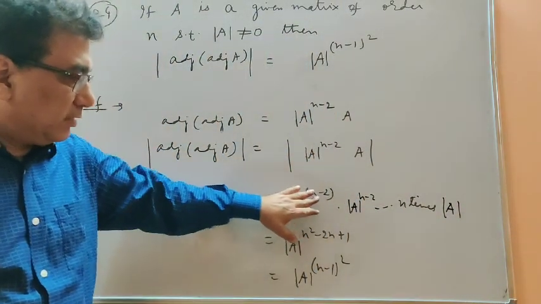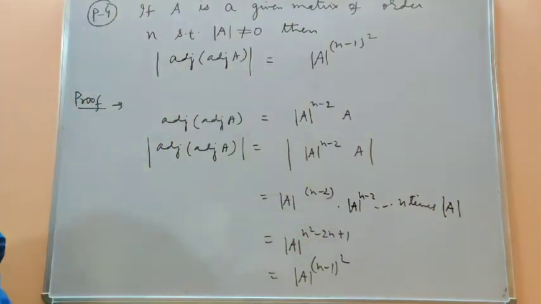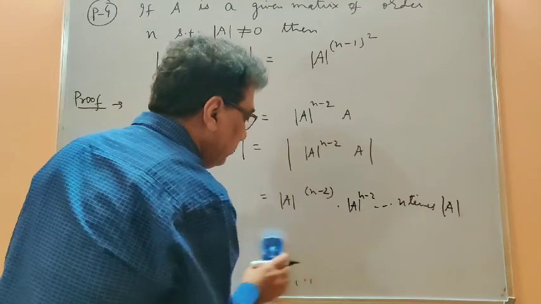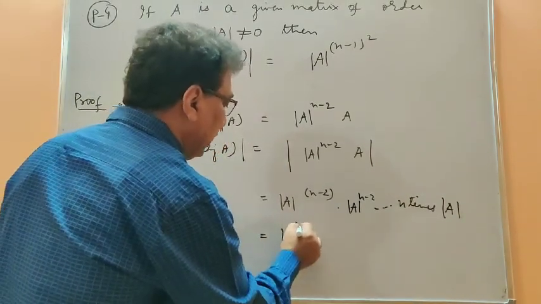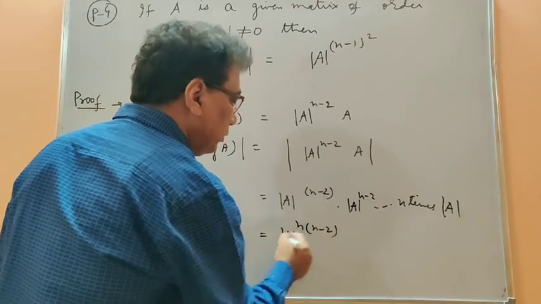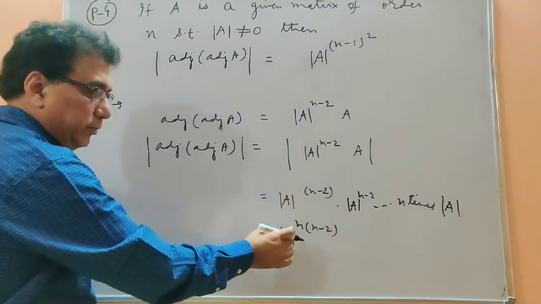So when this is multiplied n times, the power will become determinant A to the power n into n minus 2. Suppose we multiply A 10 times, so it will be A to the power 10.